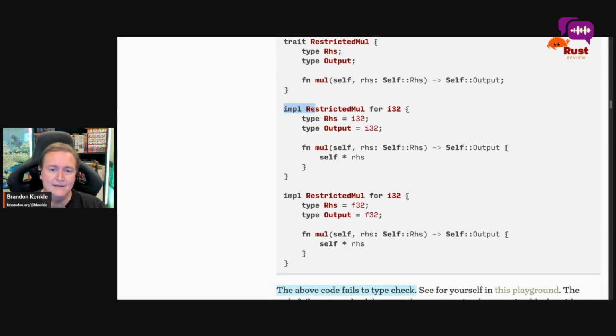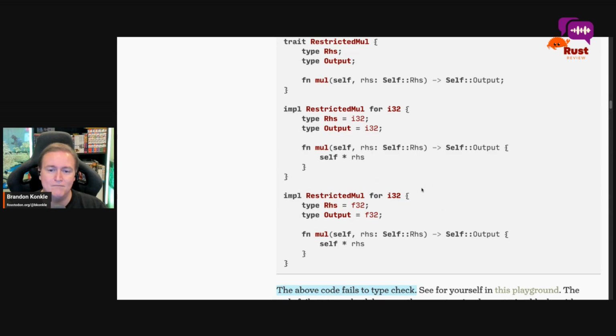So he's implementing restricted mul for an integer, where the right-hand side is an integer, so the output, therefore, is an integer. And then he implements restricted mul for an integer where the right-hand side is a float, so therefore the output is a float. And at face value, at first, this seems reasonable.